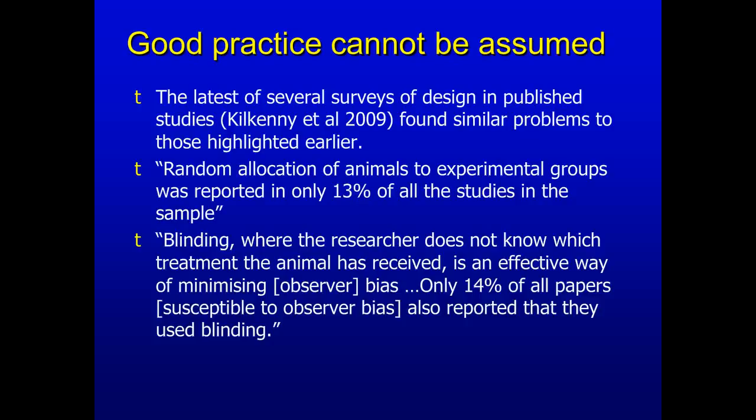And those that actually blinded the person judging the result from the treatment that the animal had received were also a rather small proportion. Things have got a bit better since, and it doesn't say that they didn't, but it indicates that they didn't think it was important enough to put in the methods sections.